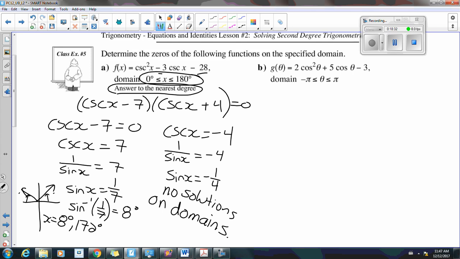B, 2 cos squared theta plus 5 cos theta minus 3, between negative pi and pi. So again, we're going to start by factoring this. So we can split up that middle term into 6 cos theta and minus cos theta because we want to multiply to negative 6 and add to 5.